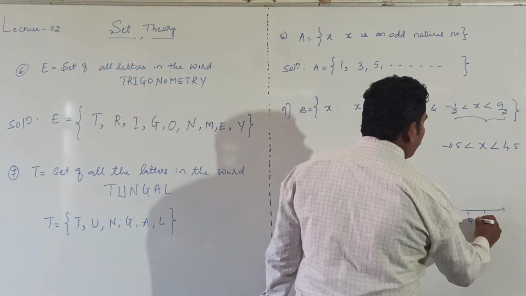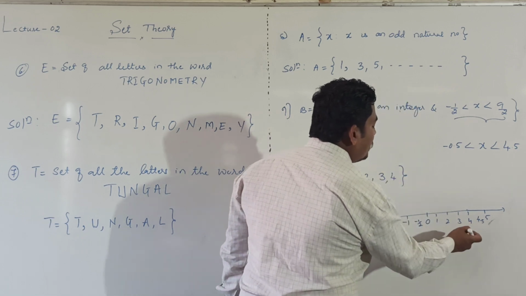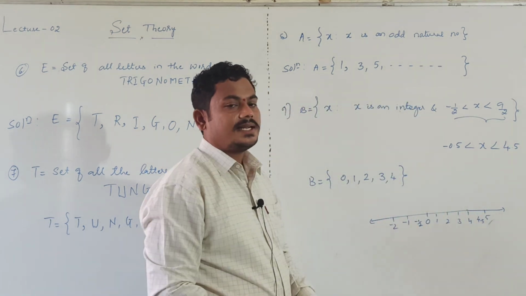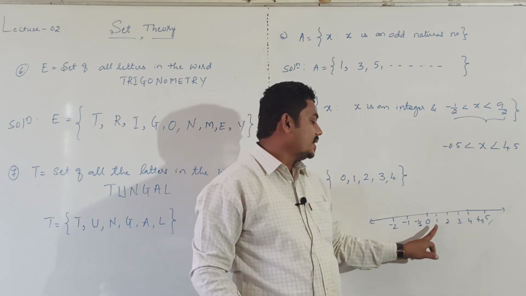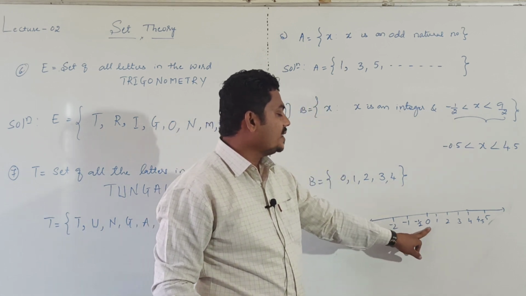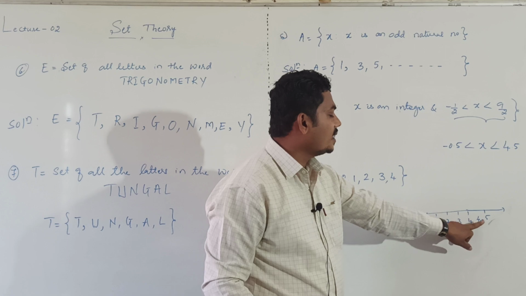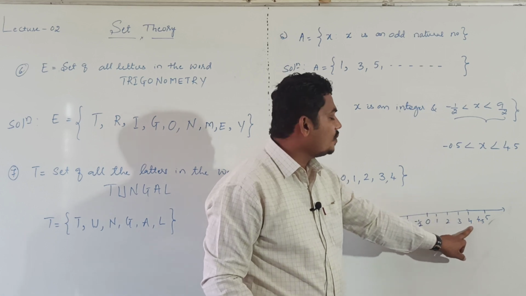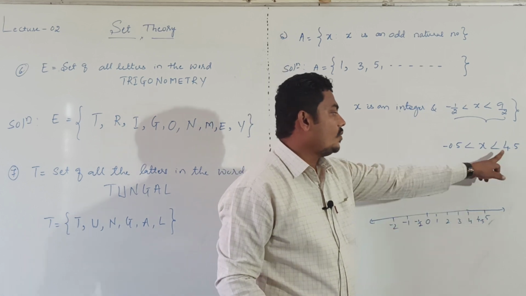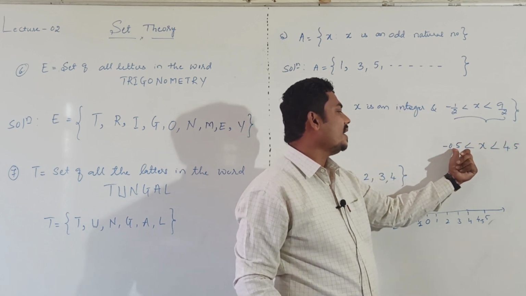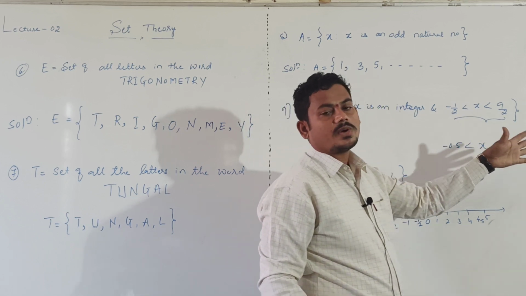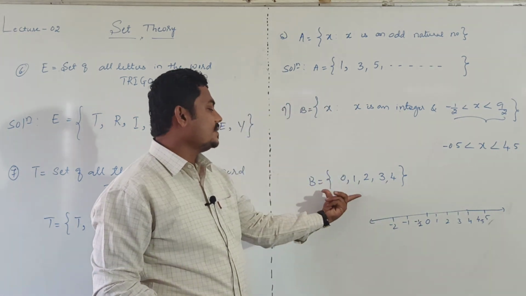And here we have 4.5. Less than 4.5, what is the integer? The previous integer of 4.5, that is 4. More than -1/2 means 0, 1, 2, 3, 4. Up to 4.5 means 4 is included, 4.5 is excluded. Consider all the integers between -0.5 and 4.5. This is our required set.